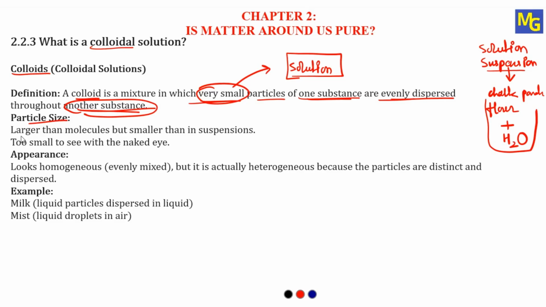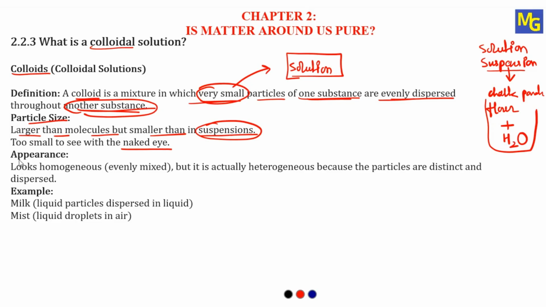So see here, the size is larger than molecules but smaller than in suspensions. Means in suspension the size is big. That's why they'll settle down. And too small to see with the naked eyes. So we cannot see the particles with the naked eyes even in case of colloids.